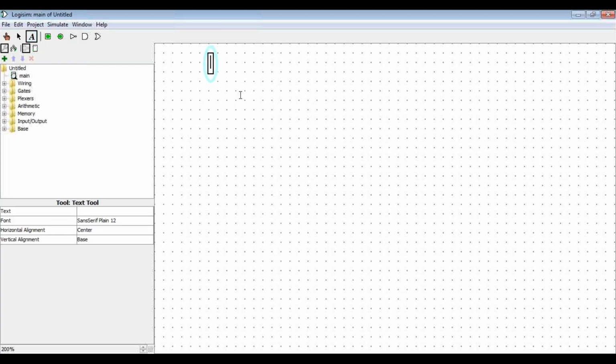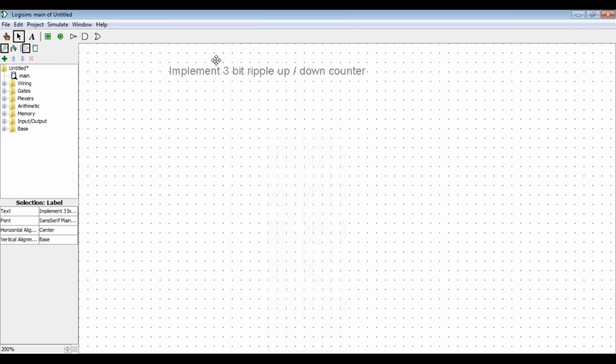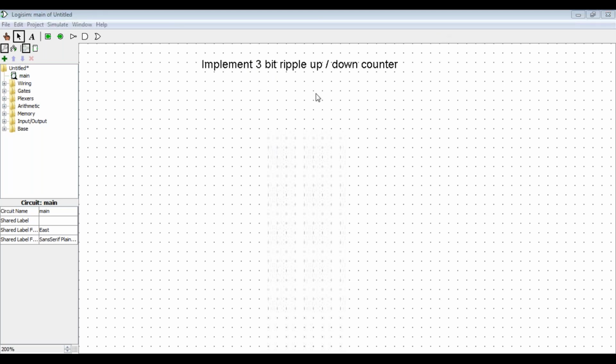Now we are going to implement. First, I'm going to implement a 3-bit ripple up/down counter.